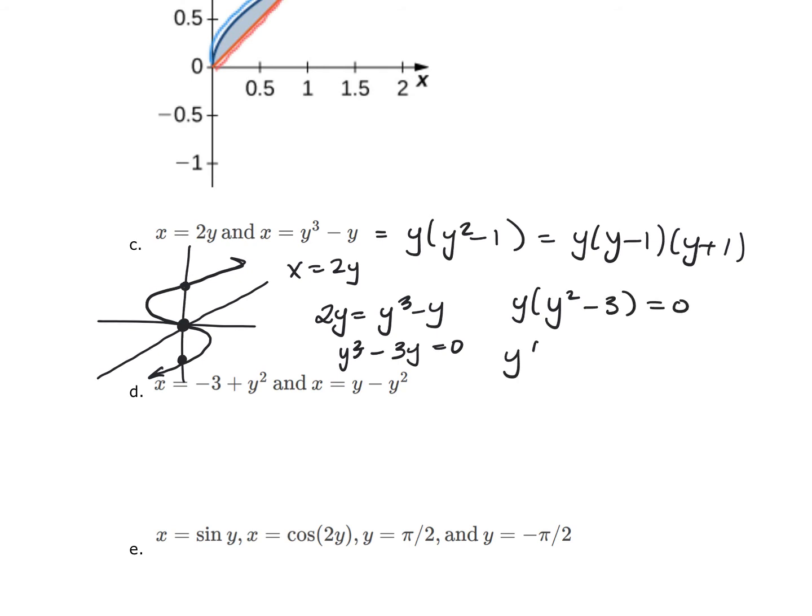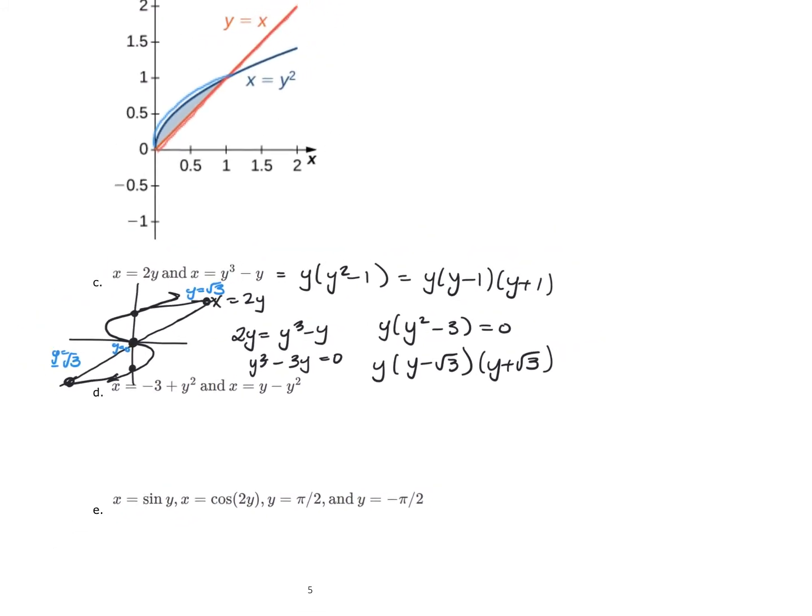So y minus the square root of 3, y plus the square root of 3. So the places in which these cross, if I were to draw this all the way out, is that it's going to cross at the negative square root of 3, when y is equal to 0, and when y is equal to the square root of 3.